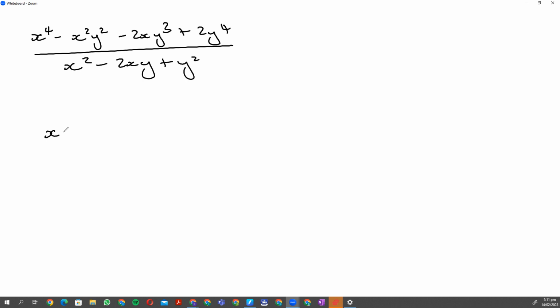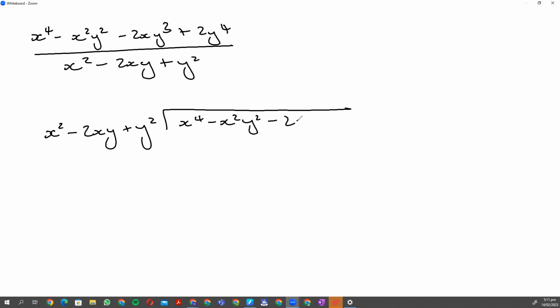If I go straight to long division, I've got to put the denominator on the outside, division sign, then x to the power of 4 minus x squared y squared minus 2xy cubed plus 2y to the power of 4.